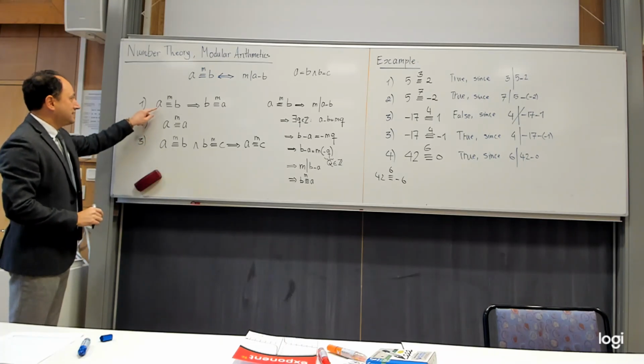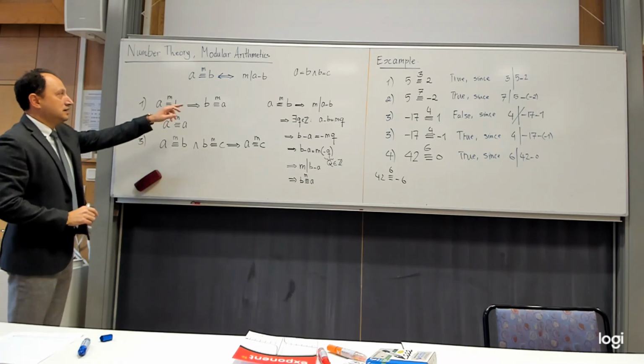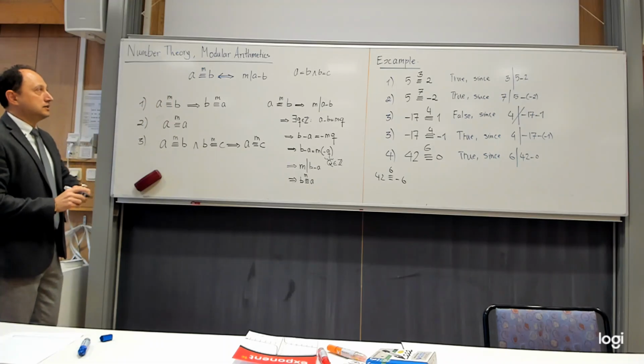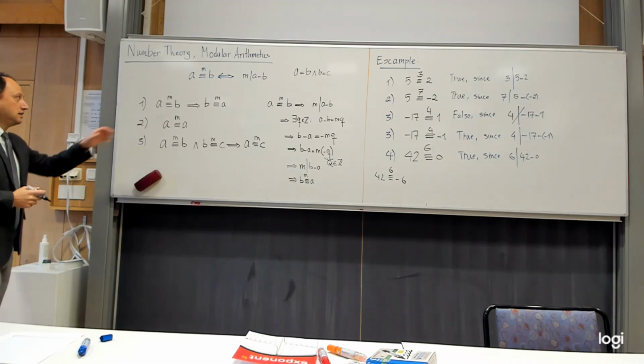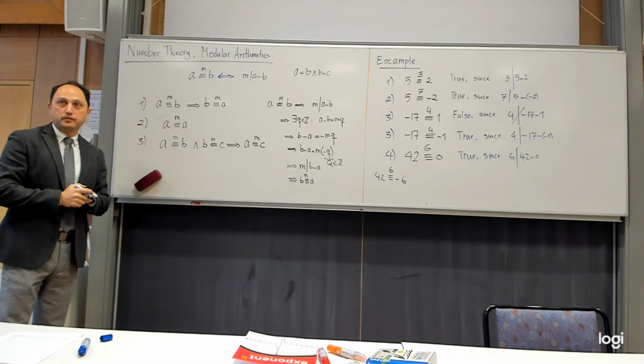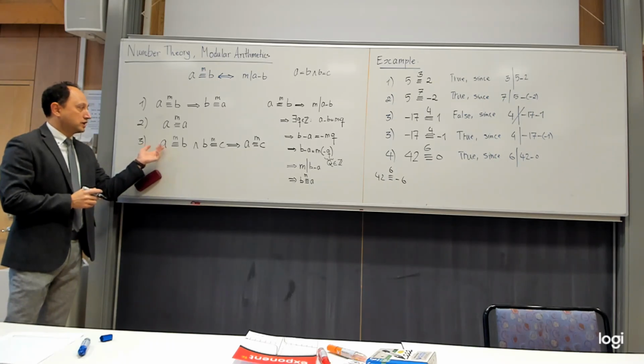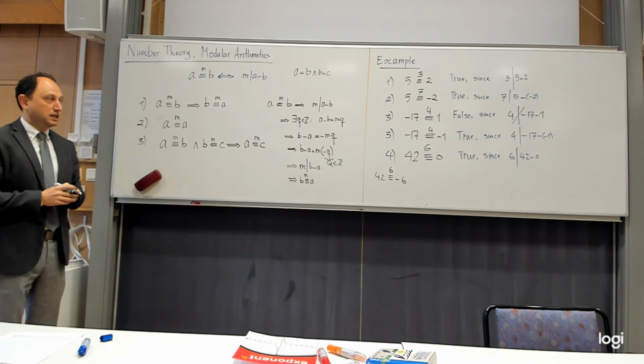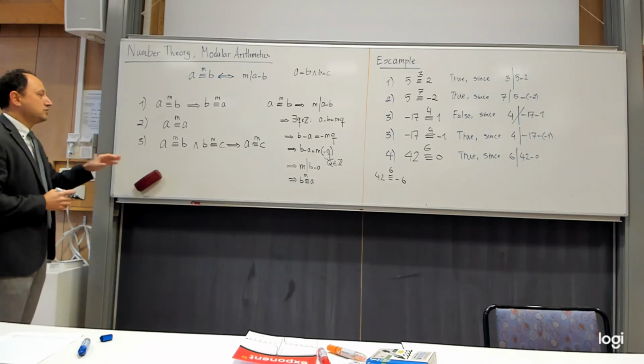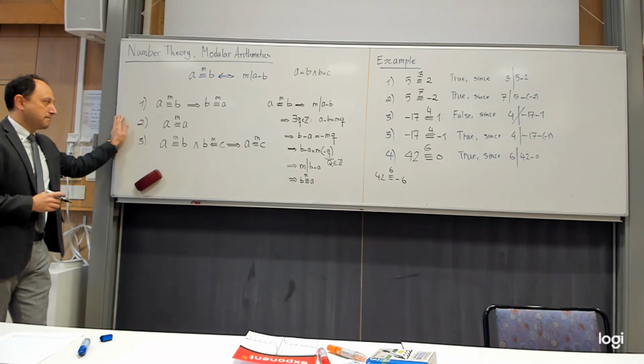So the same properties that the equality relation enjoys, this relation also enjoys. And that is easier for us to work with, you will see, if you get used to it, and you will get used to it very quickly.